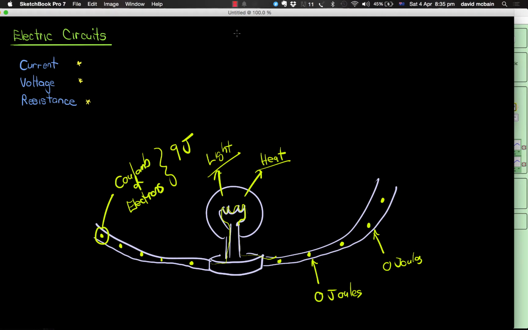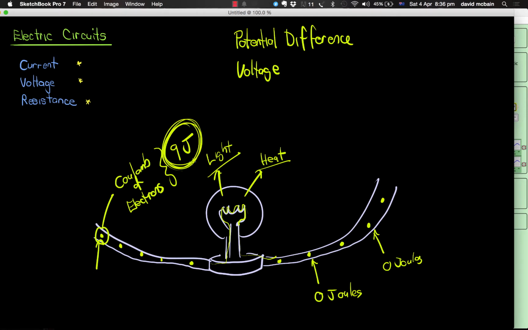Now, potential difference is very similar to voltage, except for one important point. Actually, we'll talk about potential difference and voltage. If I was to measure the amount of energy in that coulomb right there, I would get an answer of 9 joules. 9 joules of energy are in that coulomb.